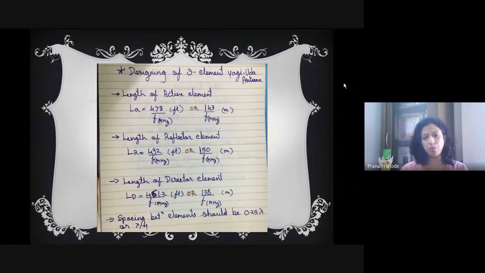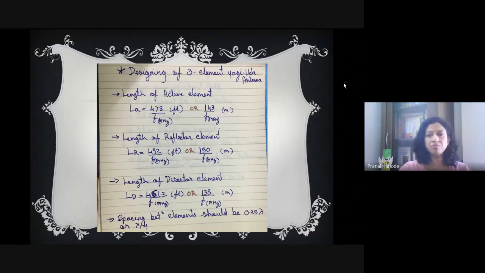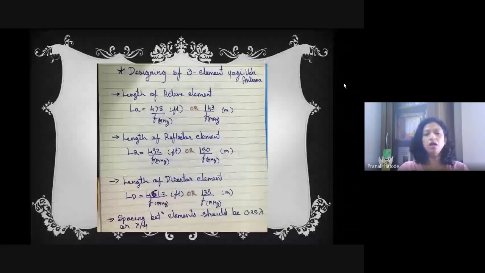Now the spacing between these elements is also important. For a 3-element Yagi Uda antenna, keep in mind that the spacing between the elements should be lambda by 4. As the number of elements changes, how this spacing distance must be changed, I will explain once we approach that topic. But for now, for 3 elements, the spacing between the elements must be lambda by 4.